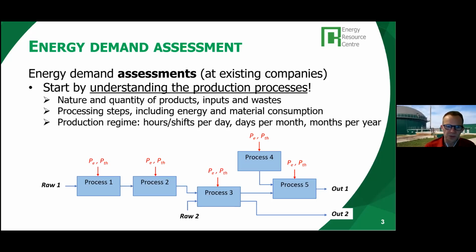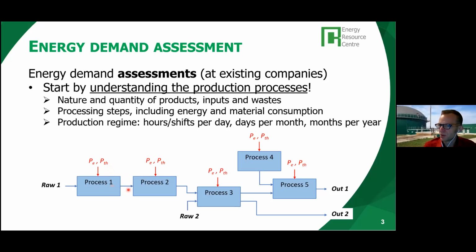In this particular drawing, you'll see let's say 2 streams of raw material going in. This is just an example. This could be anything. So there's this raw material going in. There's energy being consumed, often electrical, but also thermal. Let's say heat, often in the form of steam.